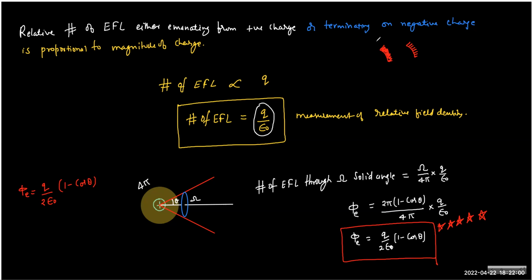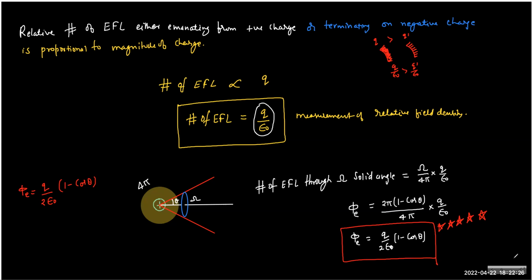No, sir. So if the charge is assumed to be Q here and Q dash here, then to compare, we can say this is the count for this. So if Q is more than Q dash, then the count will also be more. This is how we compare relatively. That's it. Understood?